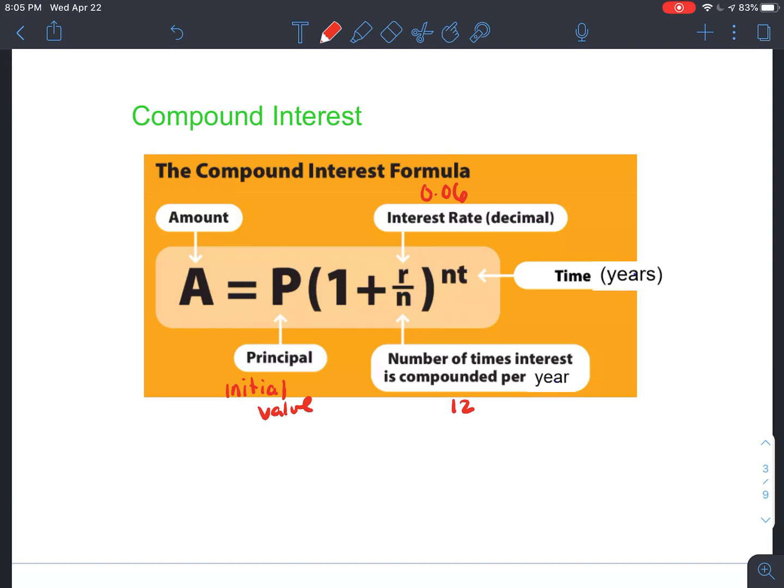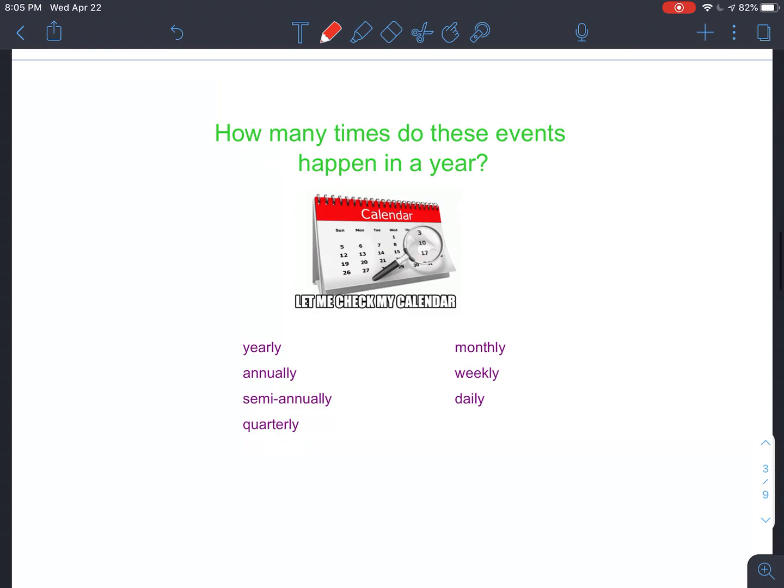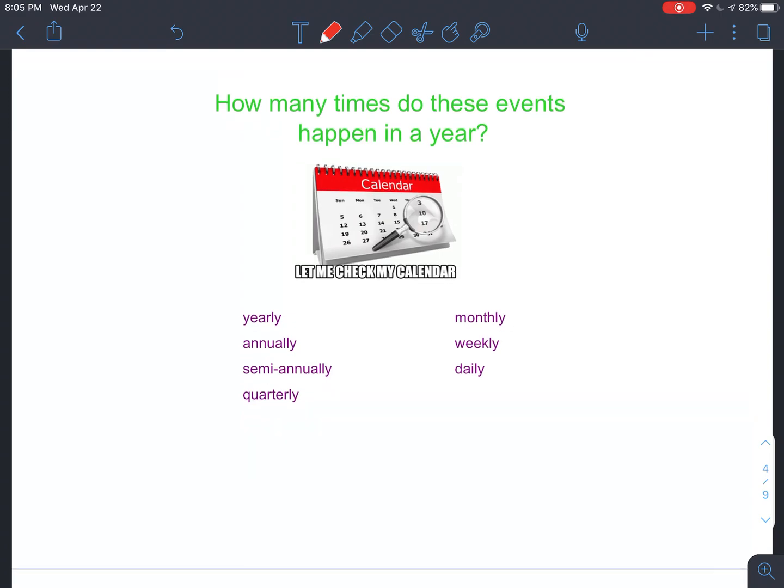But just as I'm dividing that rate by 12, I'm also going to put a 12 into my exponent because I'm going to be applying this more frequently. 12 times as many years as there are, because we'll do it 12 times in a single year.